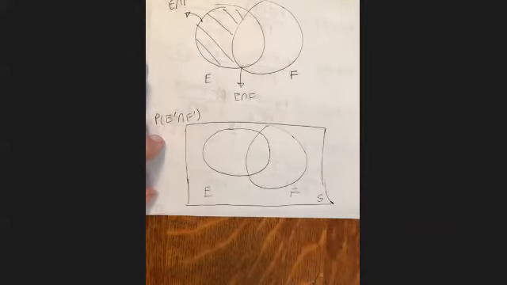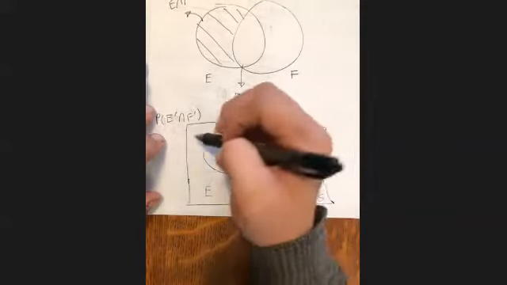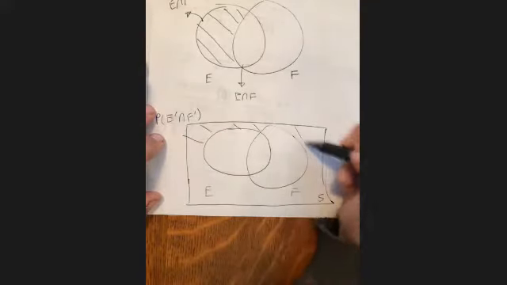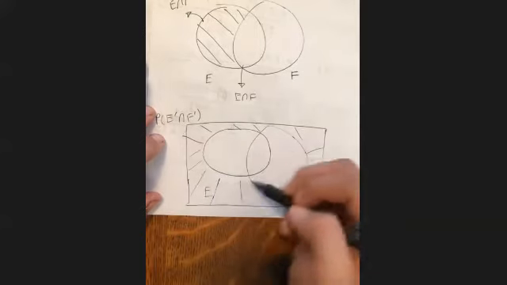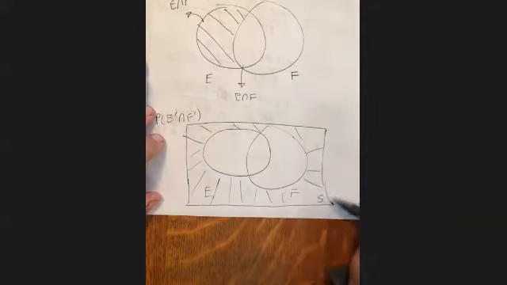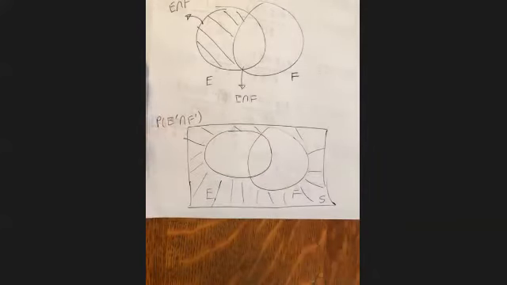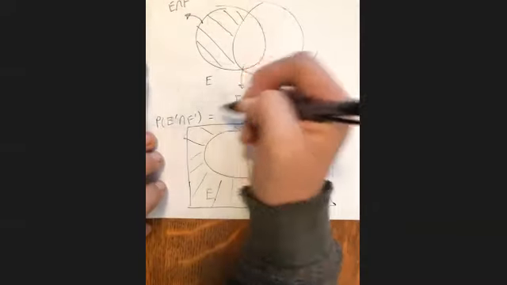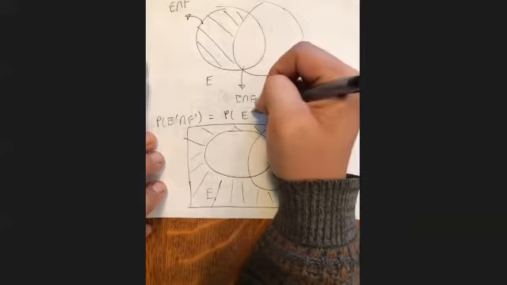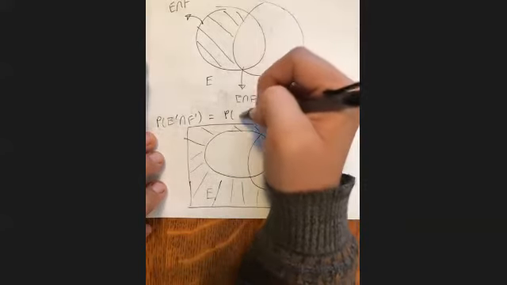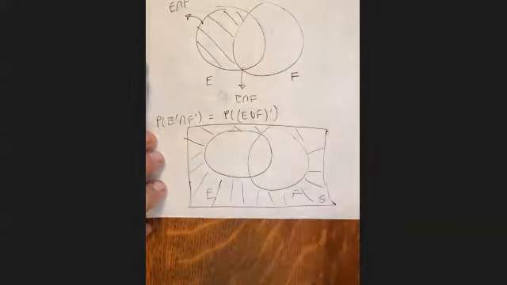So outside of E and outside of F. So that's everything here. Which we know from De Morgan's laws is the same as E union F complement.